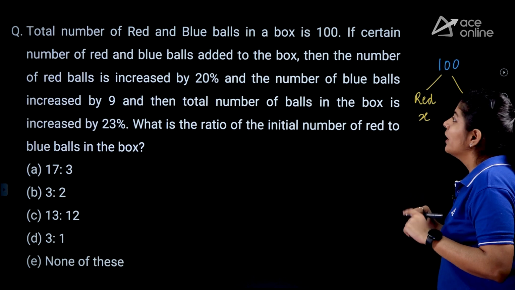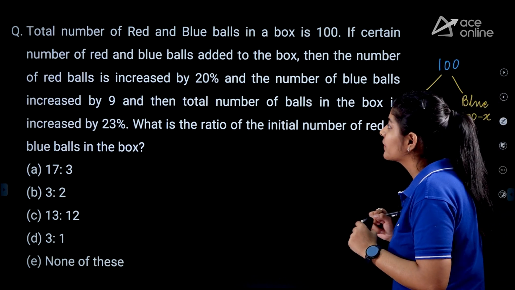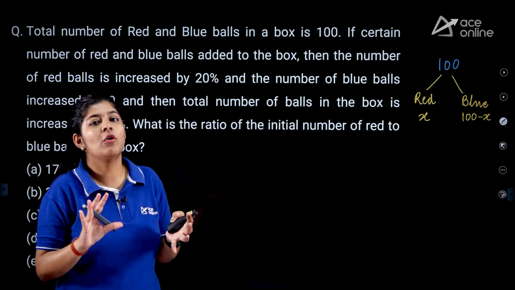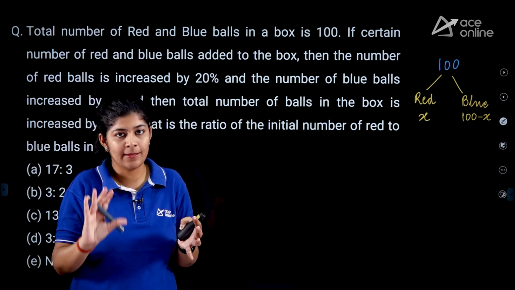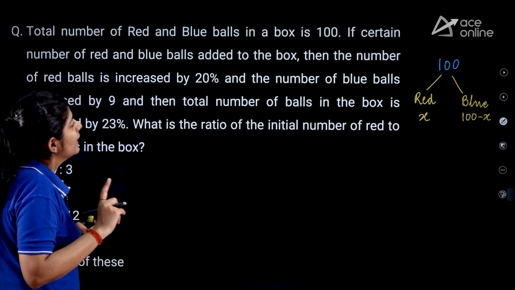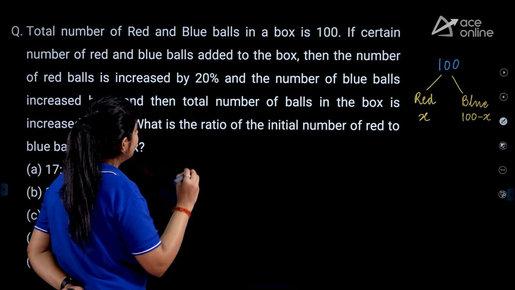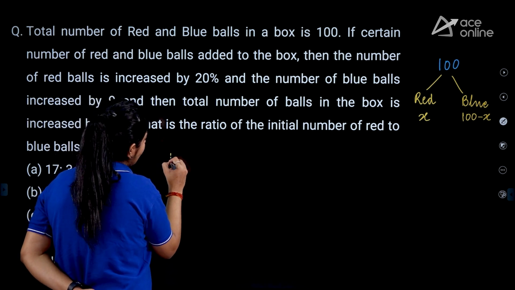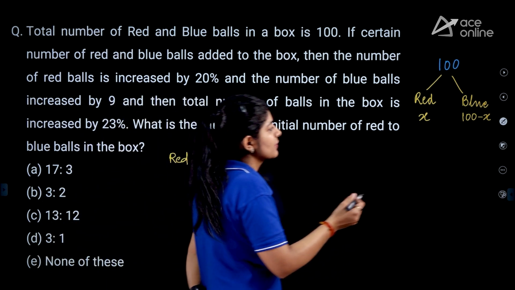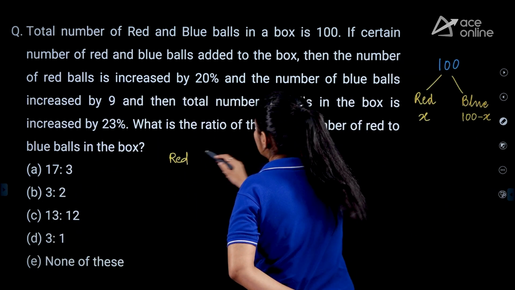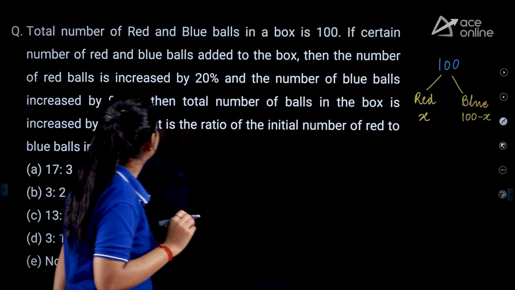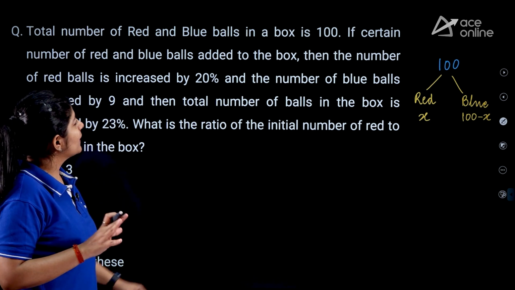Now, the question says that we added a certain number of balls, but we don't know the exact number. I am writing this for the red balls, and after that we will write it for the blue balls.